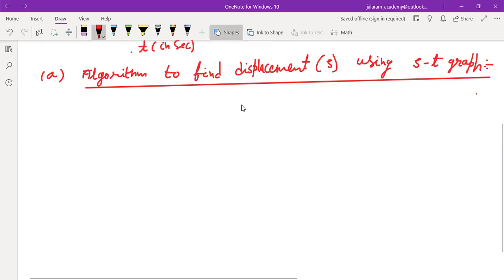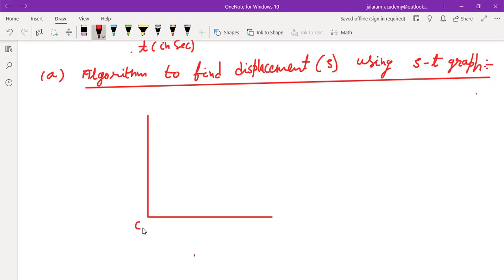For this, draw this displacement time graph again, having origin O, showing time in seconds along the x-axis, always drawing this arrow, and displacement S in meters along the y-axis.